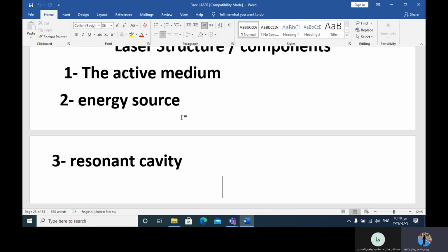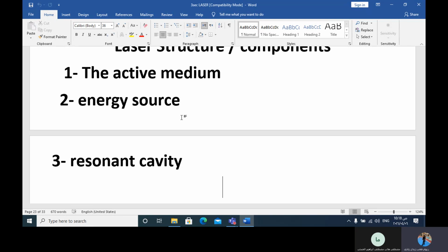And later we will know that the active medium can be solid or liquid or gas or even ions or a mixture of many other things. The component number two is called the energy source. In order for any laser to work, it has to be provided with energy, and this energy will cause the excitation of the atom.